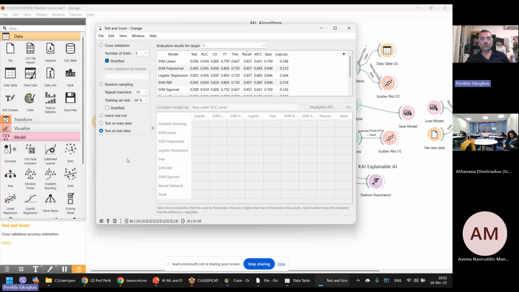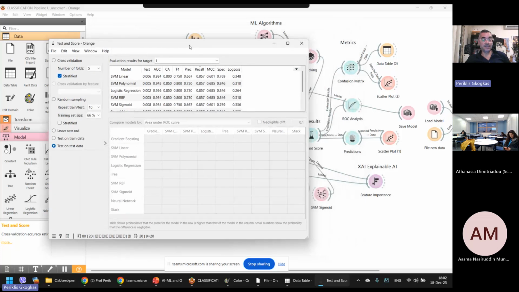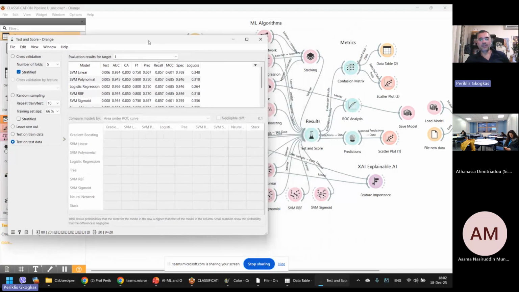The only things you need to play with here in your empirical work is this: either press cross-validation with, let's say, 5 folds to create the in-sample, the training set models and forecasting parameters, or, after you train the models, you press test on test data to see how well it performs in the validation set, the out of sample set.